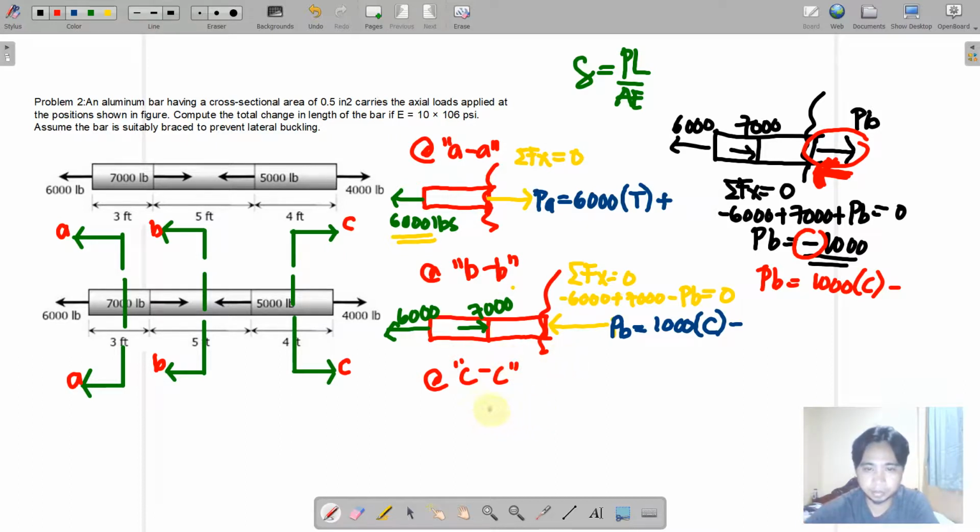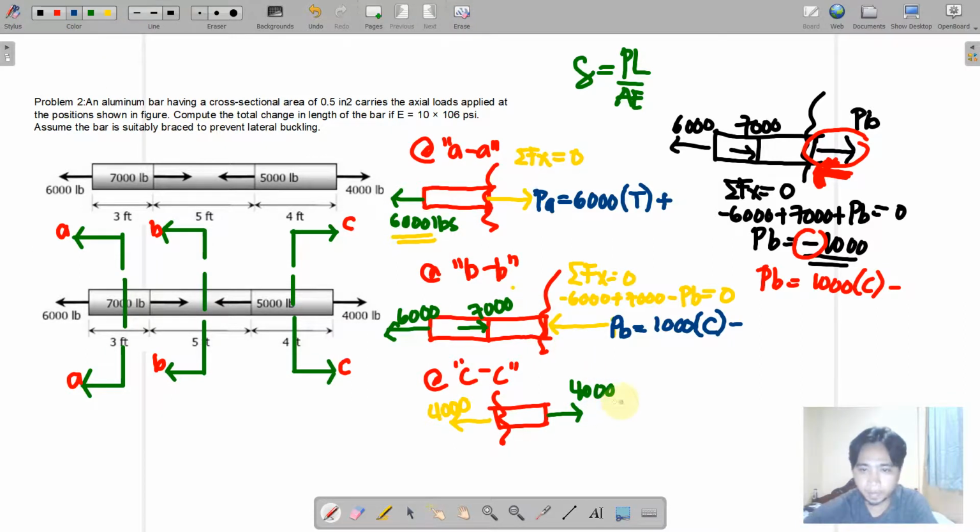Okay, so may we now proceed to section CC. At section CC, obviously this is the scenario. This is cut at the left portion. We have here 4,000 away from the joint. It is easy to see that the resisting force is away from the member also, that is equivalent to 4,000 there.